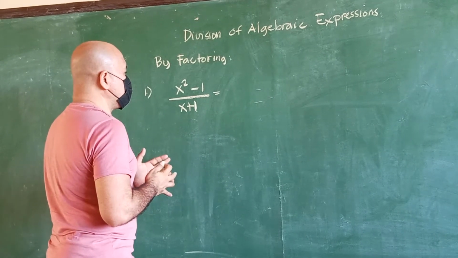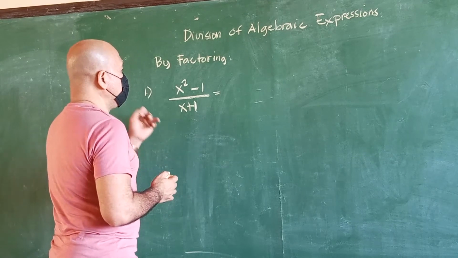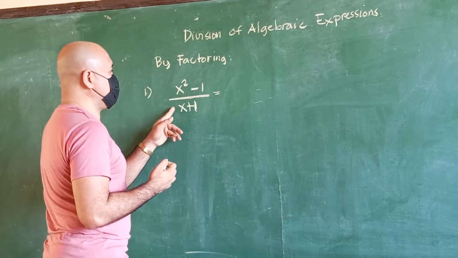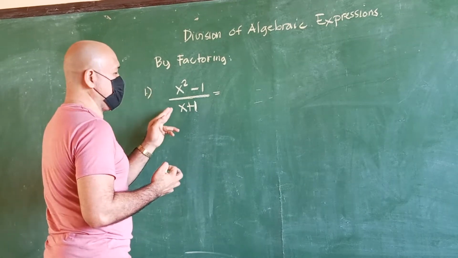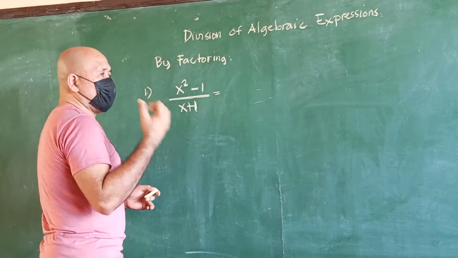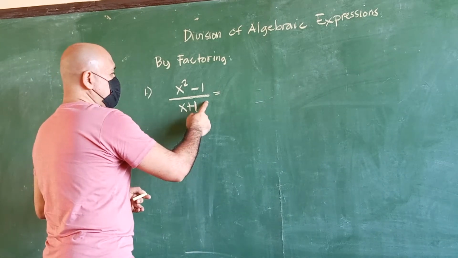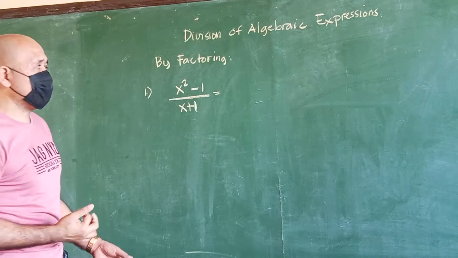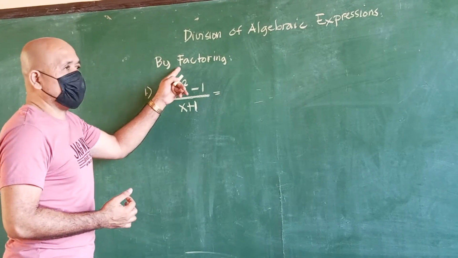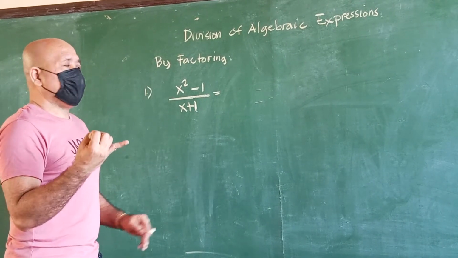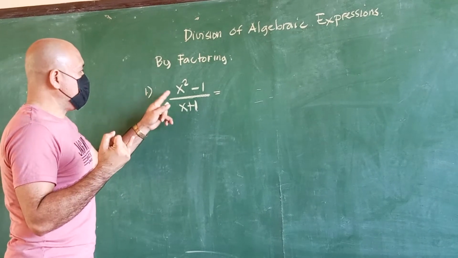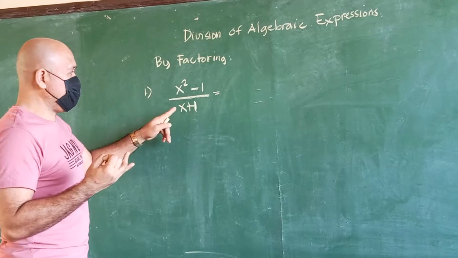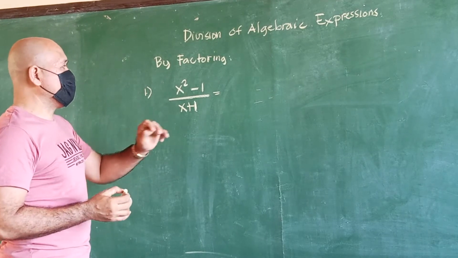The idea is you need to factor either the numerator or the denominator, or maybe both. So if the divisor is already a binomial, trinomial, or multinomial, by using the idea of factoring, you either factor the numerator, factor the denominator, or factor both.